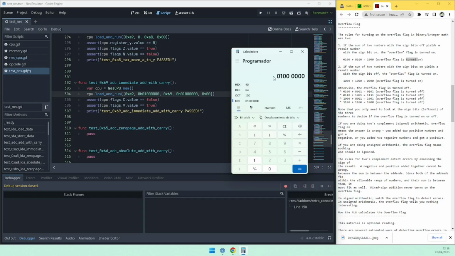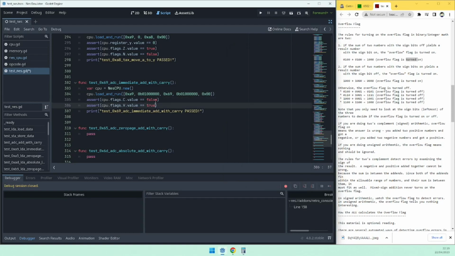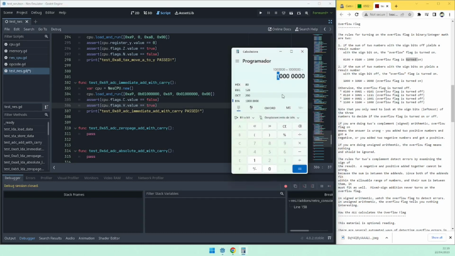So I made a plus and the same number, and the result is indeed 128. But why is the result cropping back again to 64?